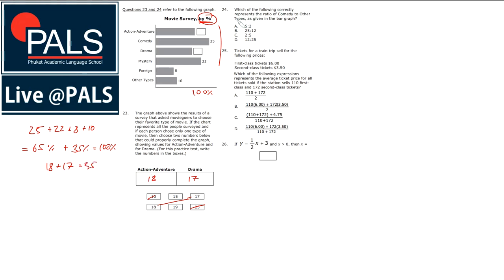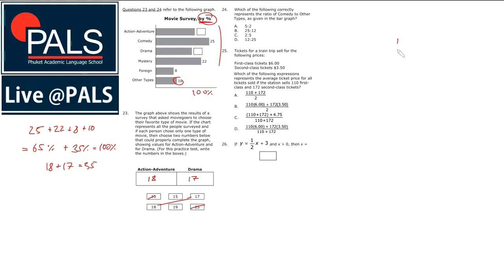Which of the following correctly represents the ratio of comedy to other types as given in the bar graph? Comedy to other types. Other types is here.